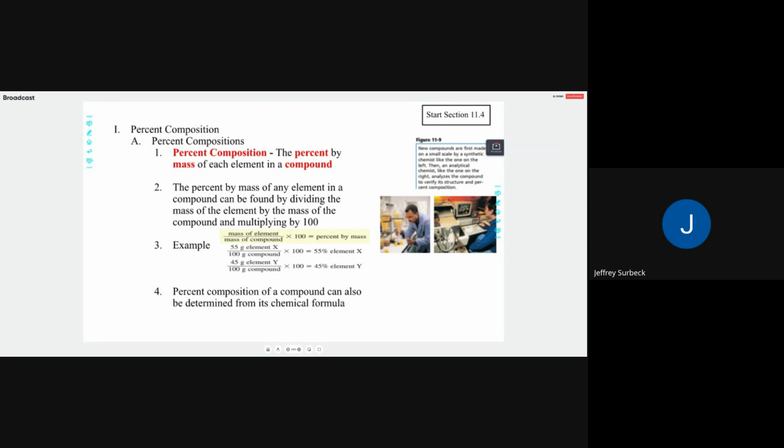We start with percent composition because it helps us find some useful quantities. Percent composition is more or less the grade you get on a test.